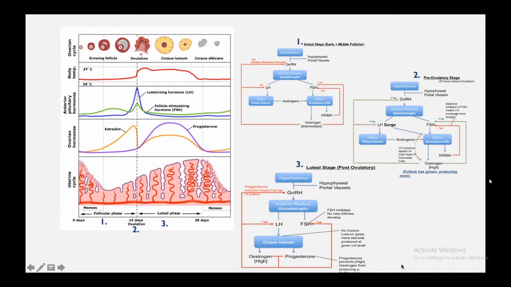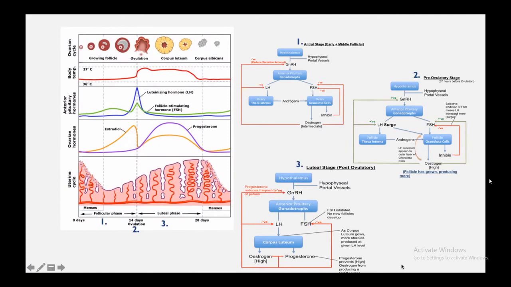In turn, the ovary then produces estrogen and inhibin. At low or intermediate levels of estrogen in the follicular phase, the estrogen acts as a negative feedback mechanism to the hypothalamus and the anterior pituitary.